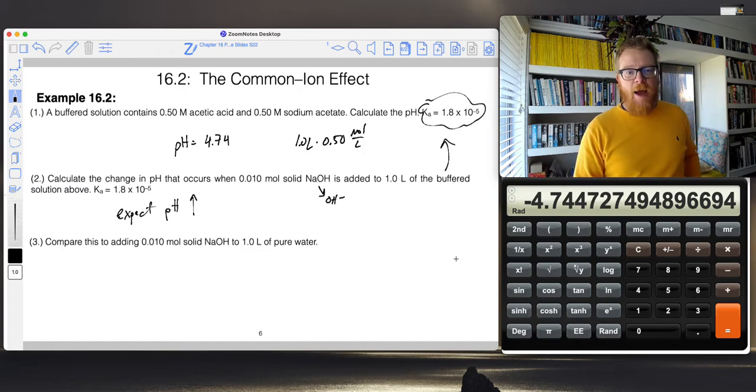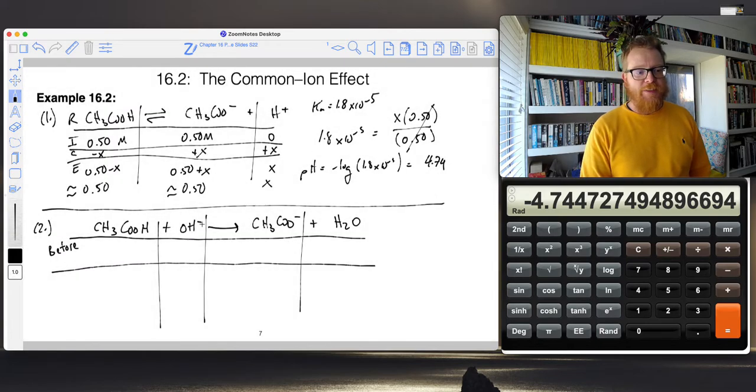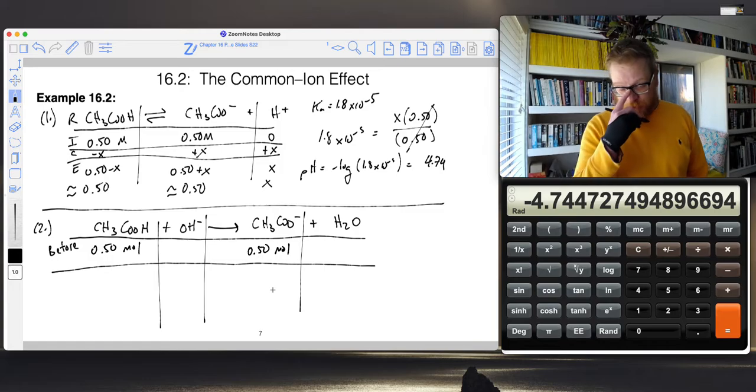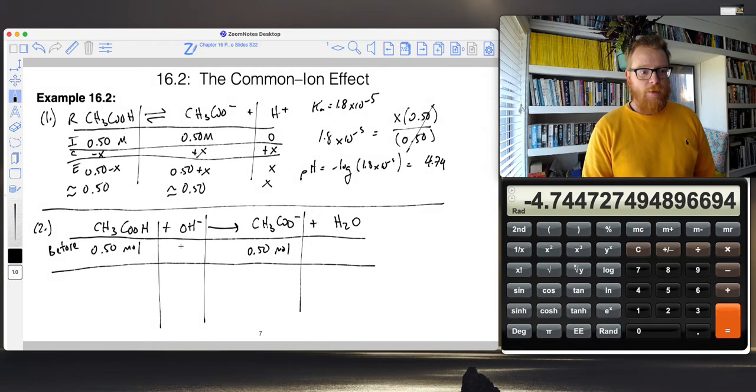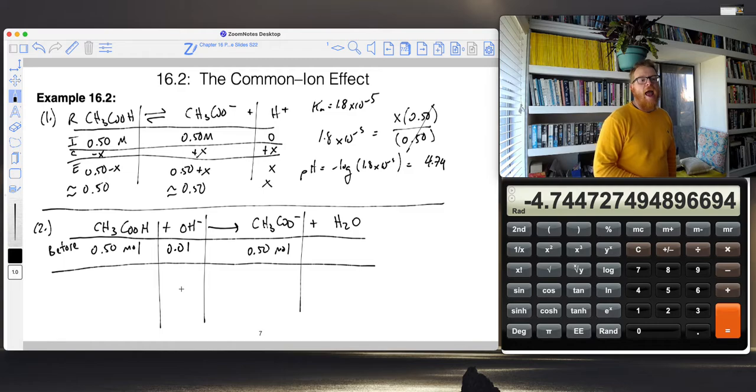So we can see I used pretty straightforward numbers for this example. We recognize that we've got 0.50 mole of acetic acid. We would also have the same amount of acetate, because remember we had a 0.5 molar solution of acetate. And then my hydroxide was 0.01 mole. And so now what happens with this thing?